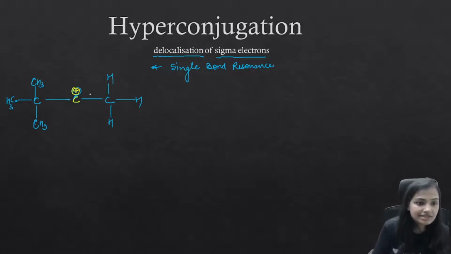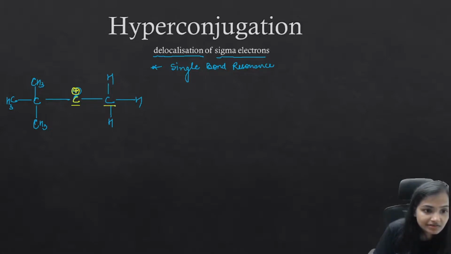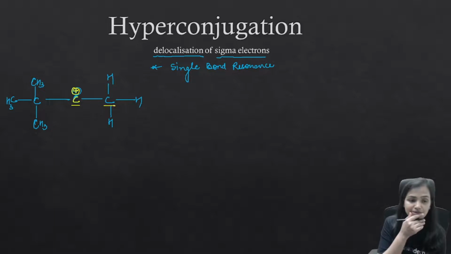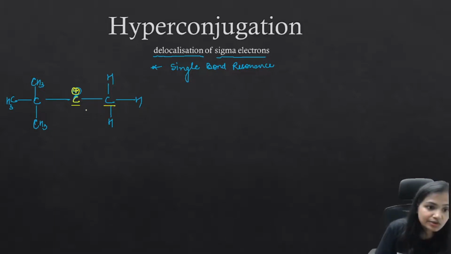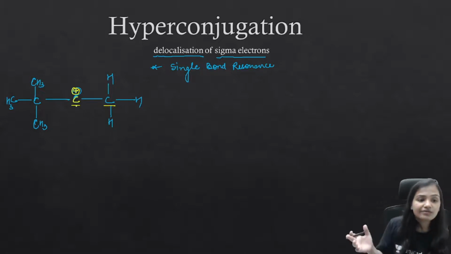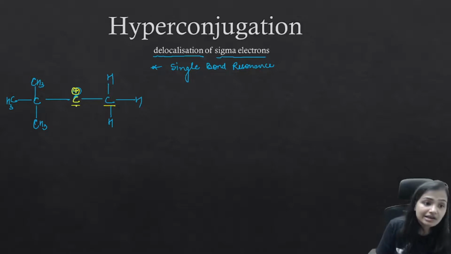Now here we can see, is there any electronegativity difference? No, this is a carbon, this is a carbon. So whenever we have such species, what would we be looking for? We will be looking for the X and Y positions.